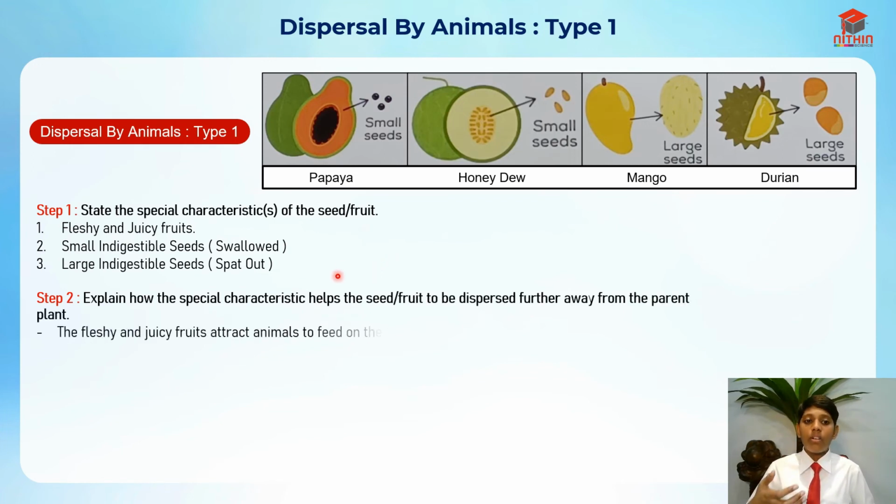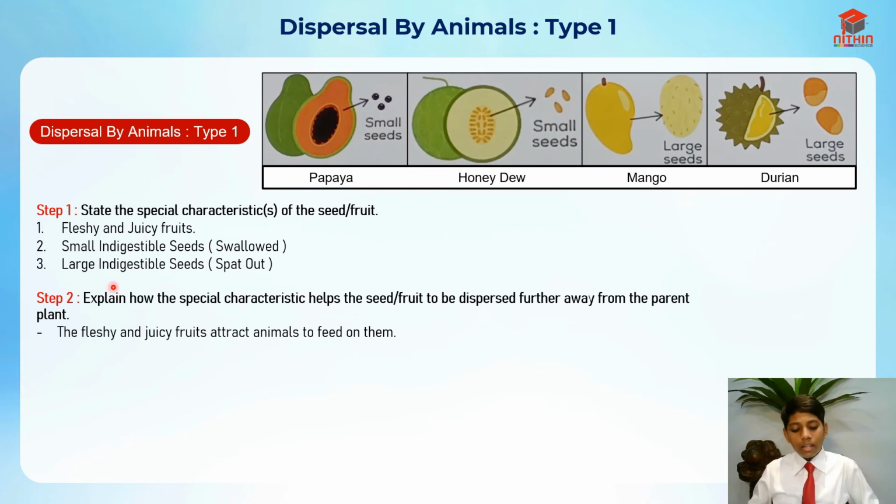So for the special characteristics of the fruit with small or large seeds, they are fleshy and juicy fruits. That's why it will attract the animals to eat the fruit. And all the small indigestible seeds will be swallowed, like I said, and passed out as waste, as feces, and that will act as a fertilizer, which will help to improve the plant growth.